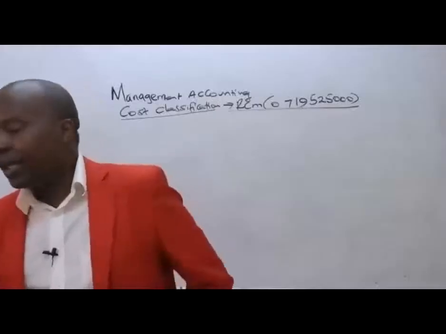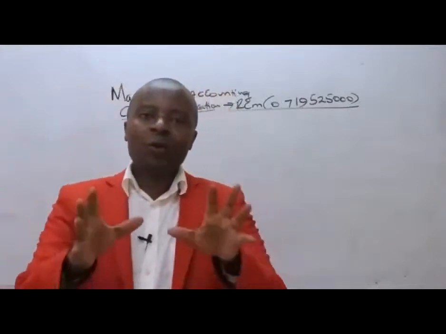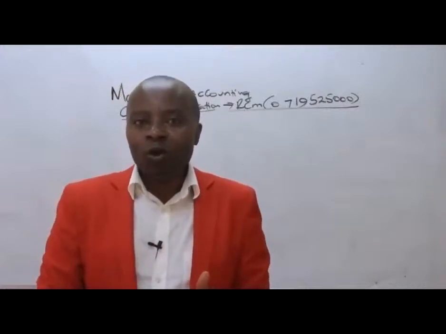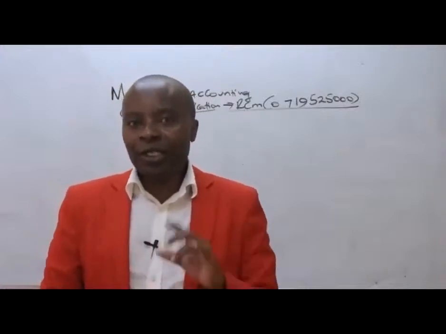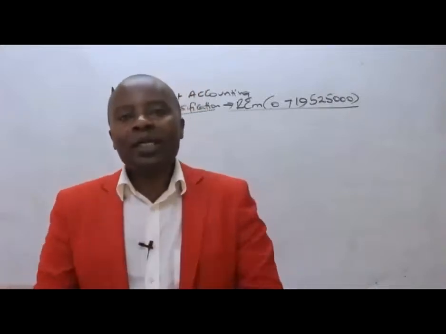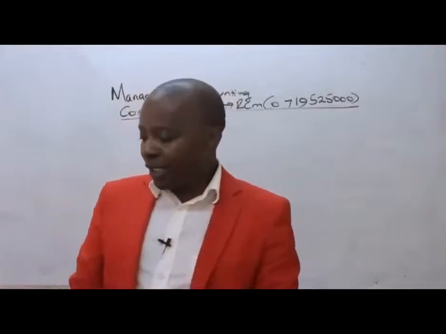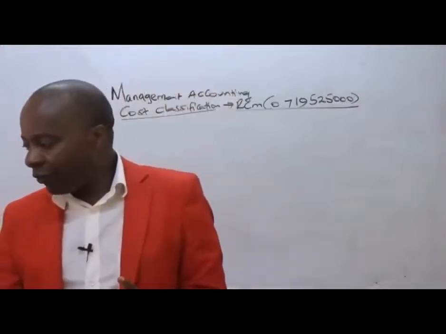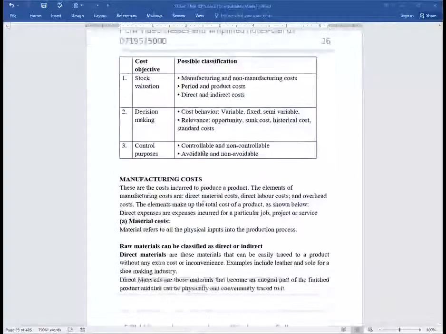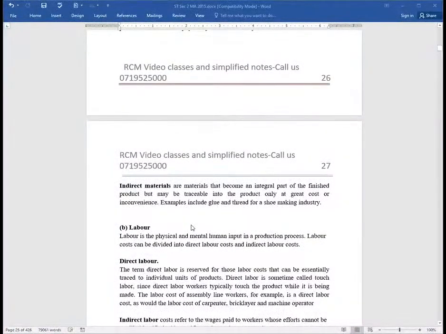Ladies and gentlemen, if for instance today I was a carpenter producing tables, some of the raw materials that I will need are, for instance, timber. So when I bring in the timber, that automatically will be accounted under raw materials. It's important for you to understand that. And then of course we'll have labor.